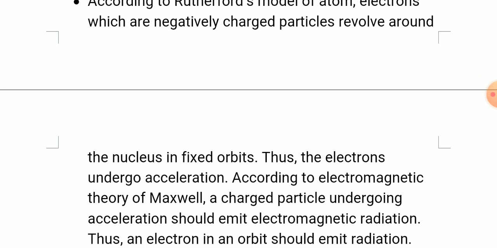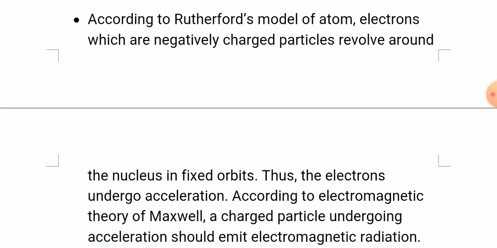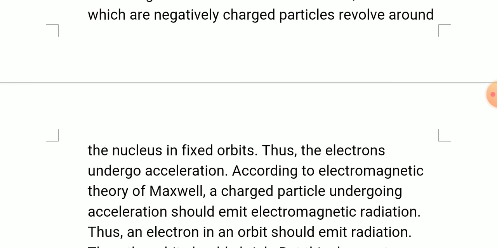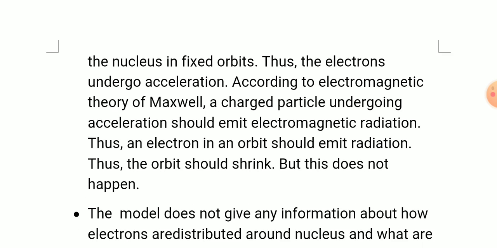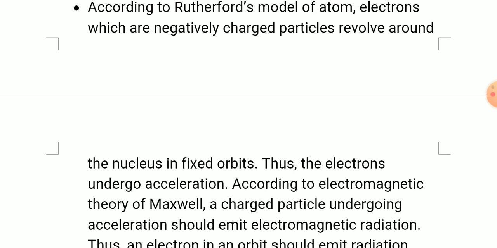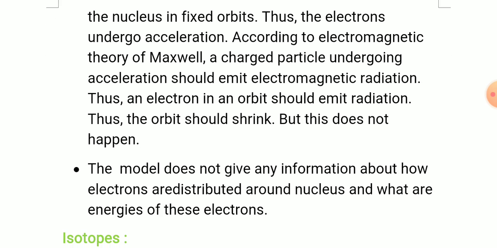According to Maxwell's electromagnetic theory, a charged particle undergoing acceleration should emit electromagnetic radiation. Thus, an electron in an orbit should emit radiation, and the orbit should shrink, but this does not happen. This was the first drawback of the Rutherford atomic model.